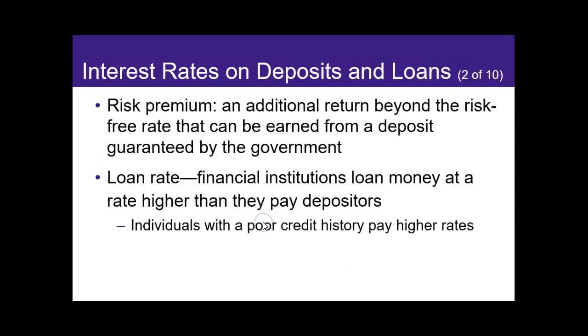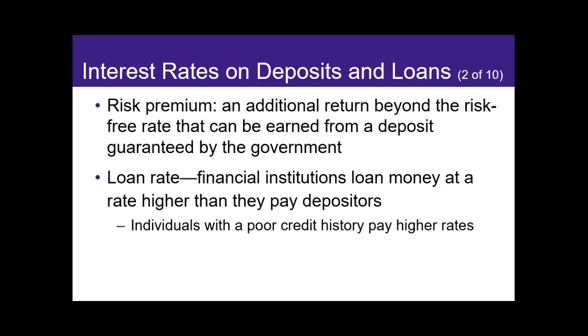In contrast, we have what's known as a risk premium. This is an additional return beyond the risk-free rate that can be earned from a deposit guaranteed by the government. So there are certain types of government securities that you can purchase, and they have a guaranteed rate of return. That's known as the risk-free rate. However, we can make an investment with other institutions that may yield a higher return.